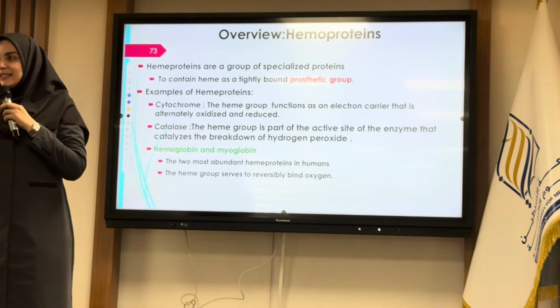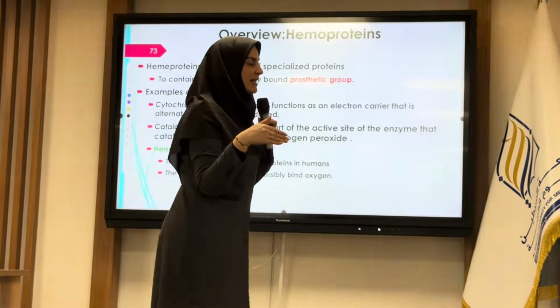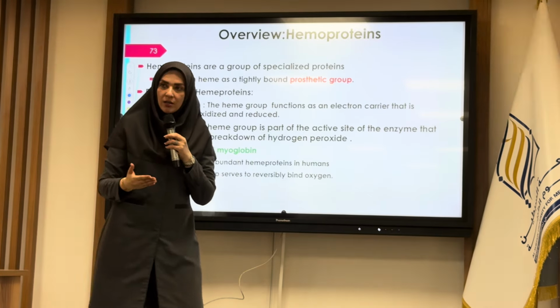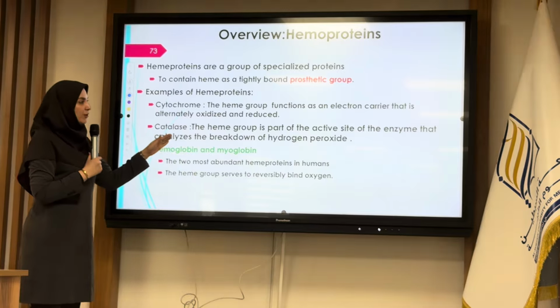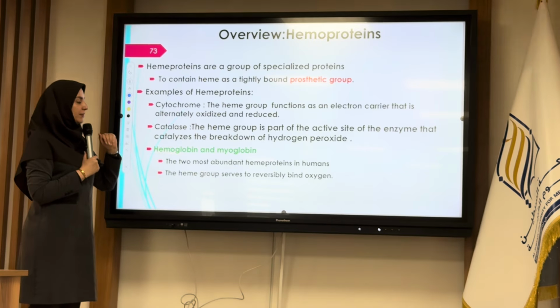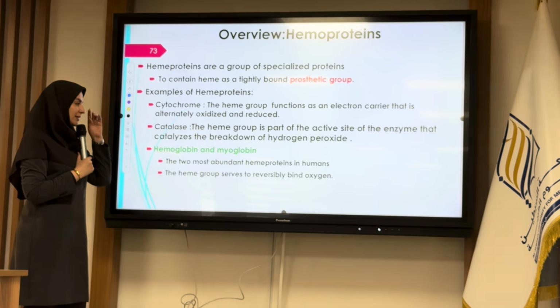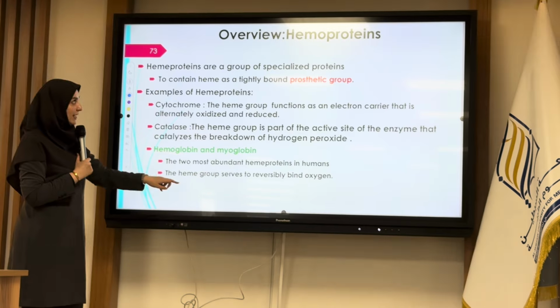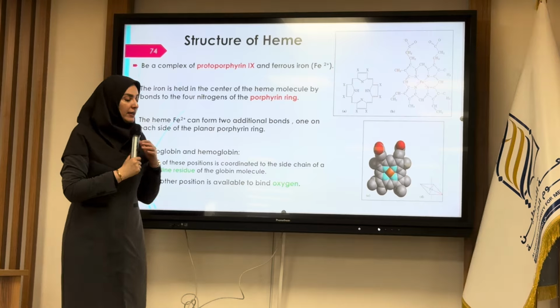Yes, ETC, electron transfer chain. They also detoxify some drugs, so they have different roles. Catalase is one of the enzymes that is important for the antioxidant defense, and hemoglobin and myoglobin are the most important heme proteins in the body, and in the next slide, I will discuss these proteins.